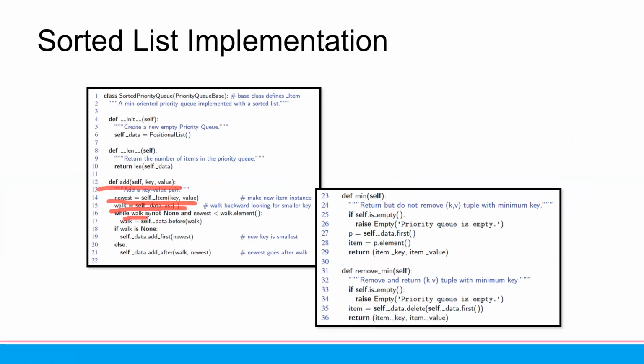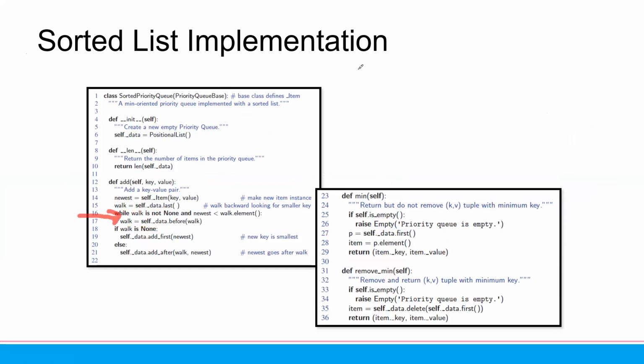If the walk is not None and the new element is less than the walk's element, you can just set walk to the one before the walk. So it will be a kind of loop, a loop going backward.